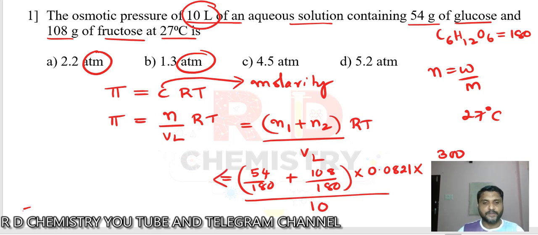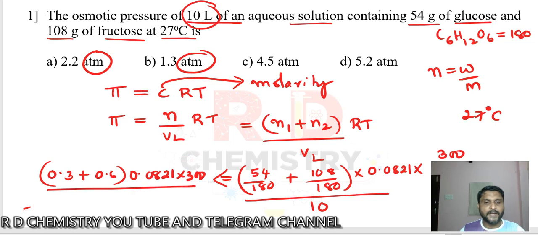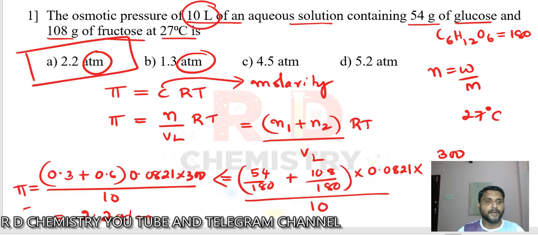So 54 divided by 180 is 0.3 plus 108 divided by 180 is 0.6, into 0.0821 into 300 divided by 10 liters. This pi value finally comes to 2.2 atmosphere. So the answer is option number 1. Clear?